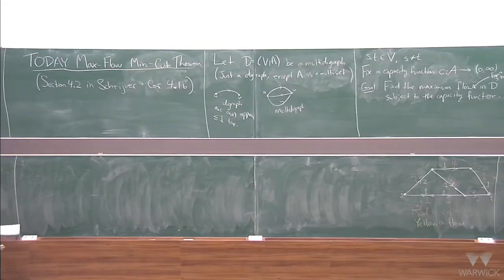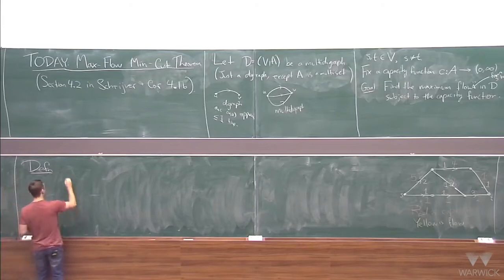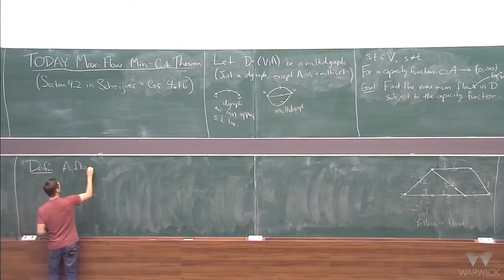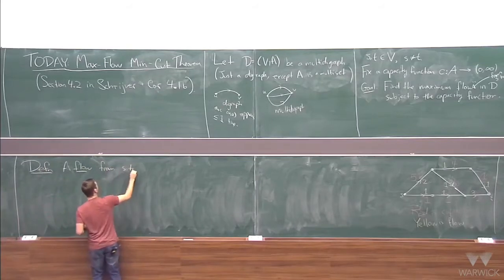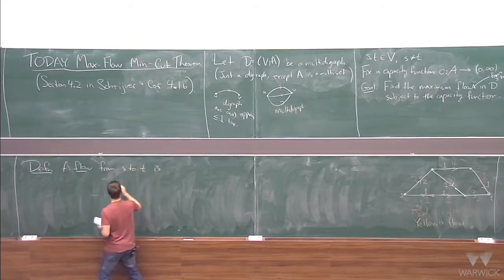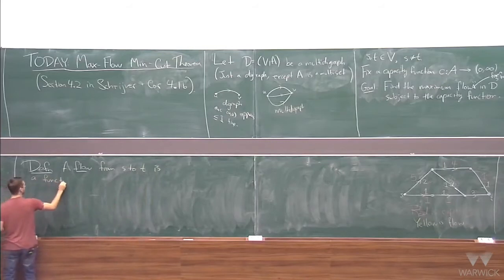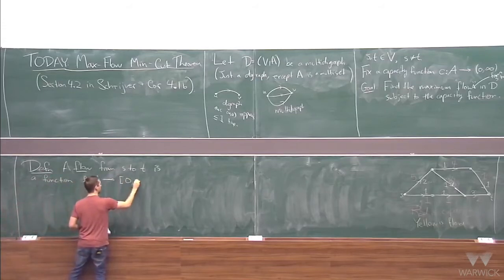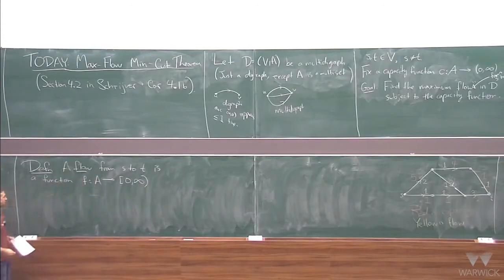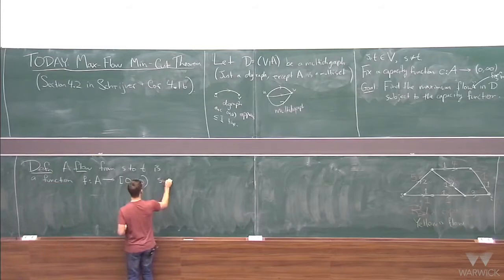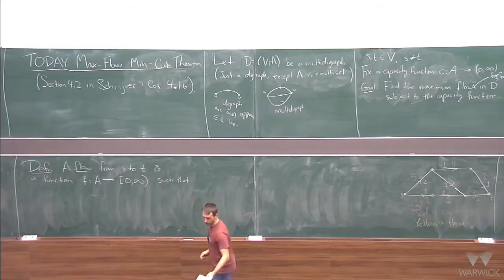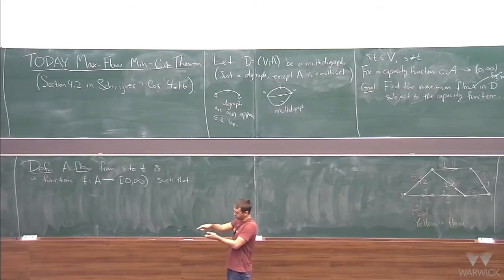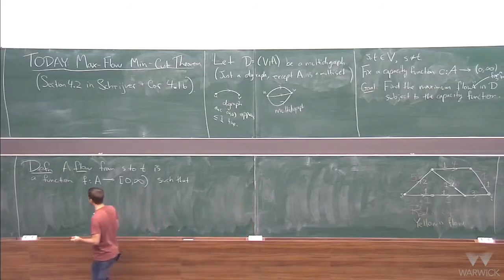Okay, so let me now define exactly what a flow is. A flow from S to T is a function f from the arcs to non-negative real numbers, so this time we allow 0. You should think of the flow as the amount of stuff which is going through that arc at any given time.